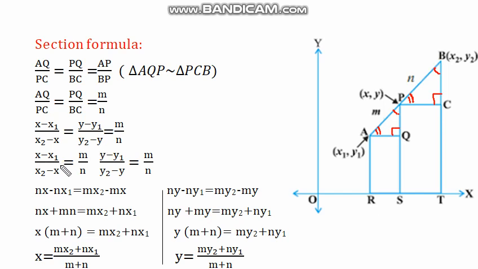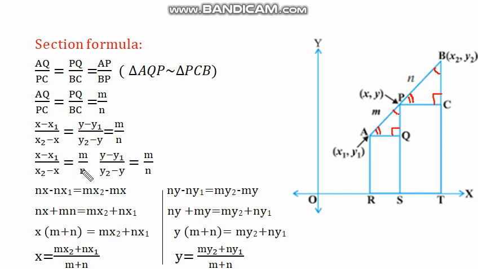Then only we can find out that point, x and y. Because the coordinate of that point is x comma y. So by using the ratio m and n, we need to find out x. Then using the ratio m and n, we need to find out y. So x minus x1 divided by x2 minus x is equal to m by n.